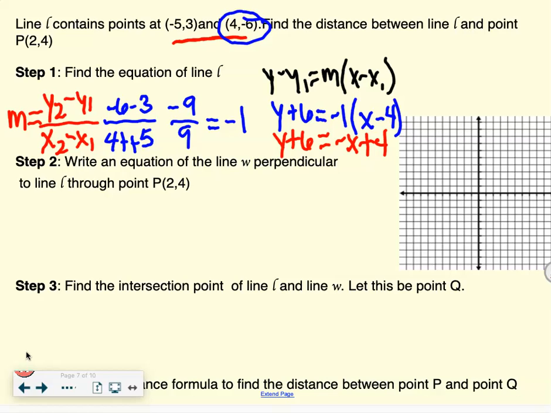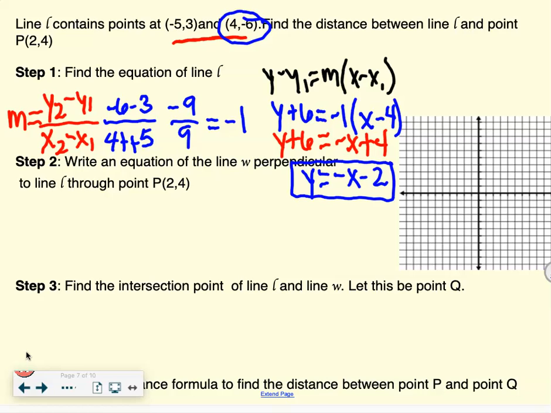Now we gotta find the equation, and now you just subtract 6. Perfect. Guys, we did it! We found line L. Easy.